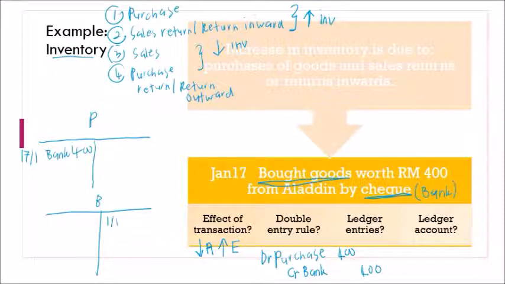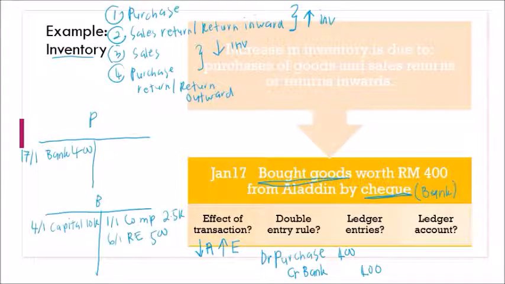1 Jan, buying a computer of 2.5k, 2,500. And on the credit side, we have 4th of Jan, capital of 10k, and 6th Jan, paying the rent expense of 500.